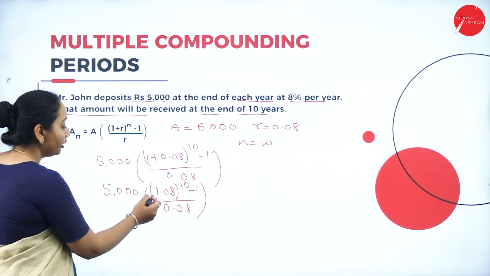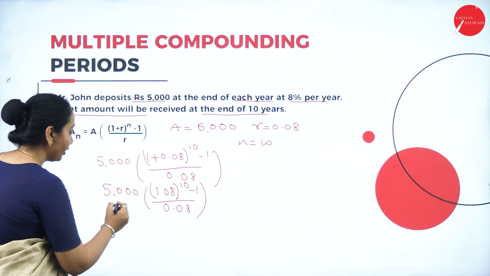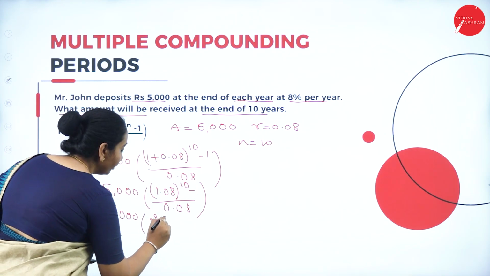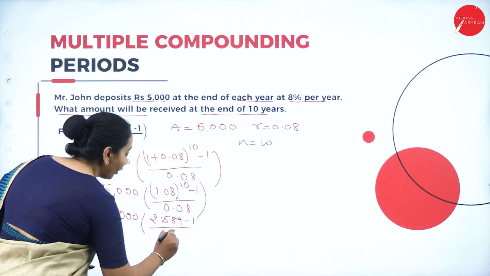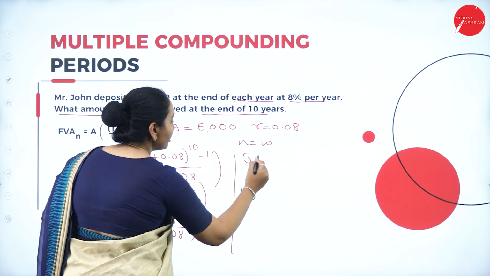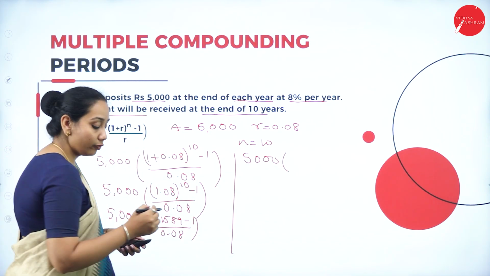So 5,000 into 1.08 to the power of 10 minus 1, divided by 0.08. So 5,000 into 2.1589 minus 1, divided by 0.08.